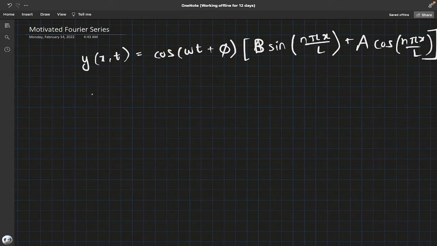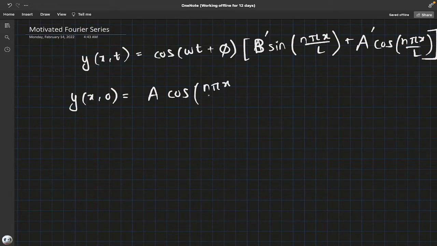Okay, and if we plug in time 0, the initial, you're going to have cosine of phi, which is a constant, which we can take into these prime constants, and then finally we're going to have A, which is A prime times cosine of phi, plus B times sine of n pi x over L.